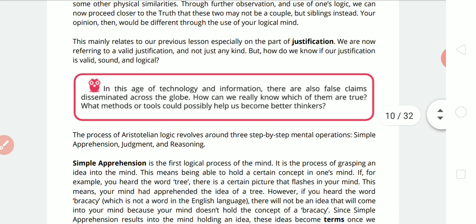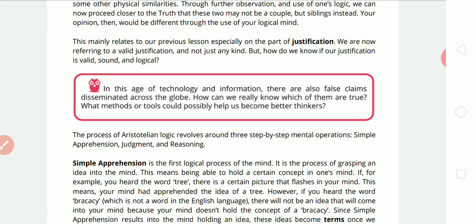Now, let's consider this statement. In this age of technology and information, there are also false claims disseminated across the globe. Yes, that is true. How can we really know which of them are true? What methods or tools could possibly help us become better thinkers?